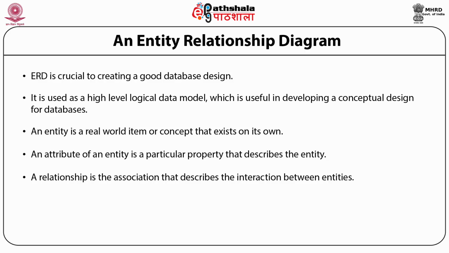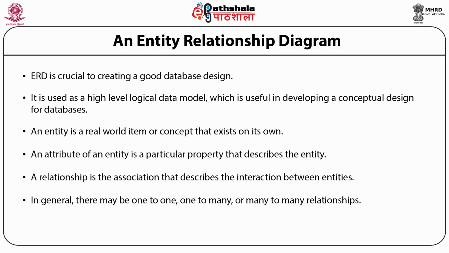Cardinality in the context of ER diagram is the number of instances of one entity that can or must be associated with each instance of another entity. In general, there may be one-to-one, one-to-many, or many-to-many relationships.